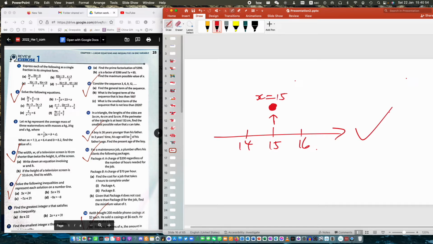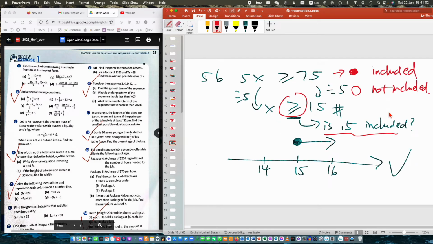What your diagram shows, you are doing equal, right? When you have bigger or smaller, you have to show the arrow. Can you see a difference now? Can you go back and watch this and then note down something?